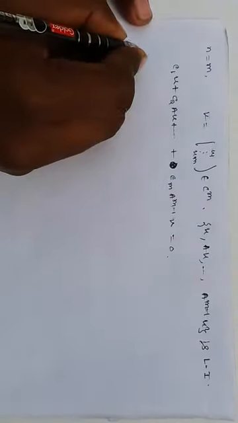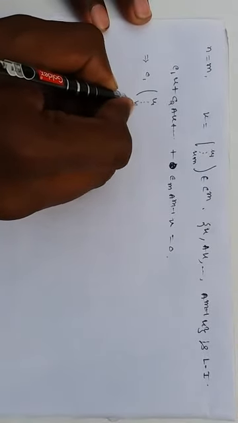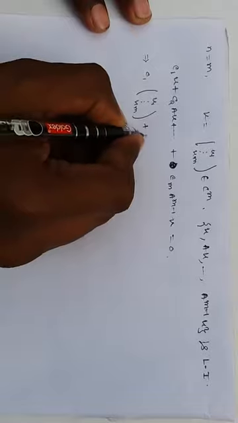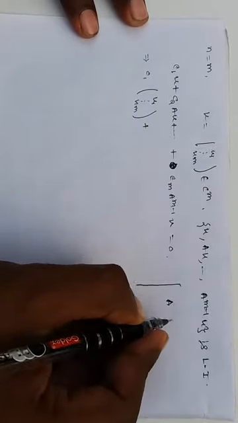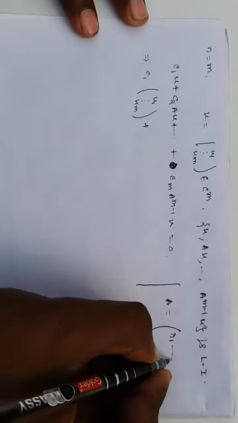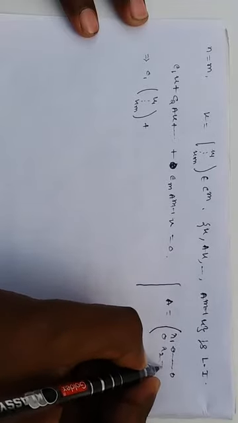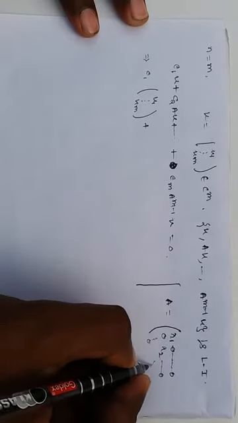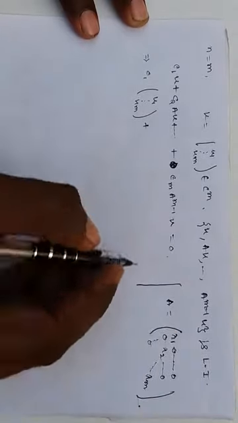In that case the matrix A has m distinct eigenvalues lambda 1, lambda 2, ..., lambda m, so this matrix can be written as a diagonal matrix.